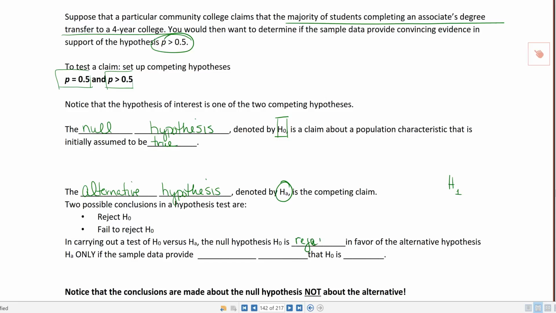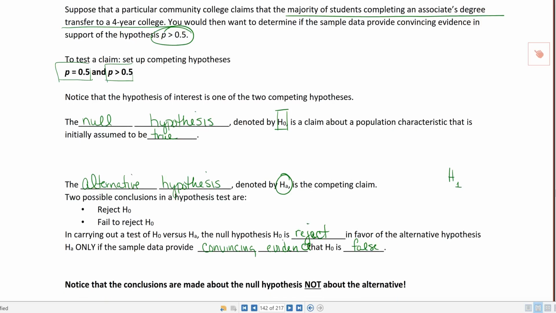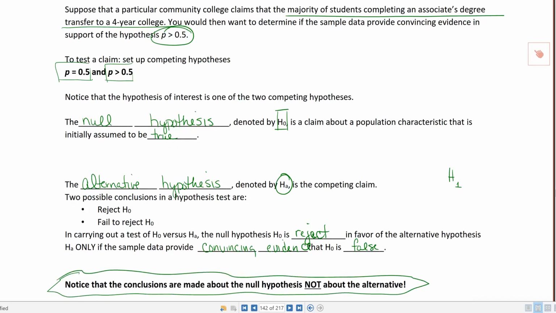Okay, so in carrying out a test of the null hypothesis versus the alternative hypothesis, we reject the null hypothesis in favor of the alternative hypothesis only if the sample data provided convincing evidence that the null hypothesis is false. The conclusions are always made about the null hypothesis, not about the alternative hypothesis.